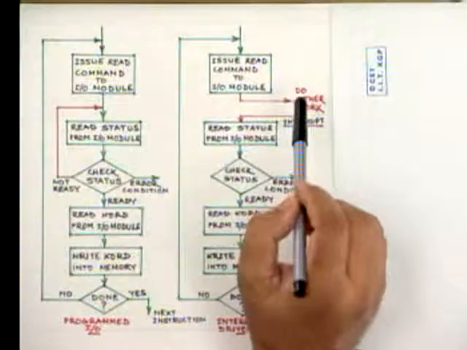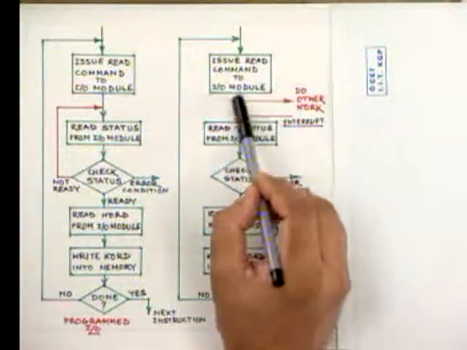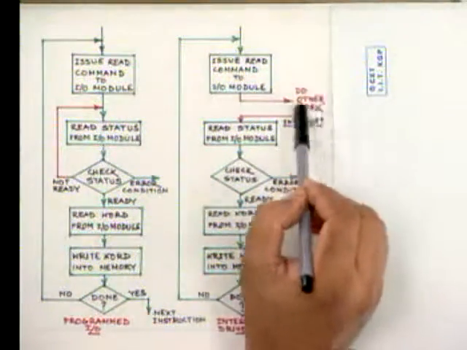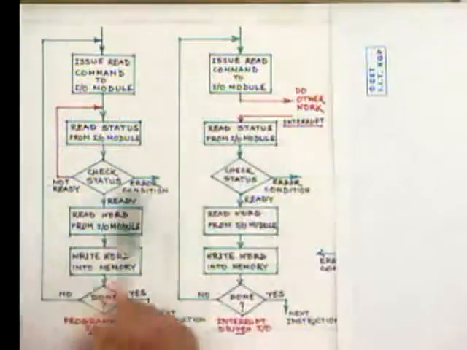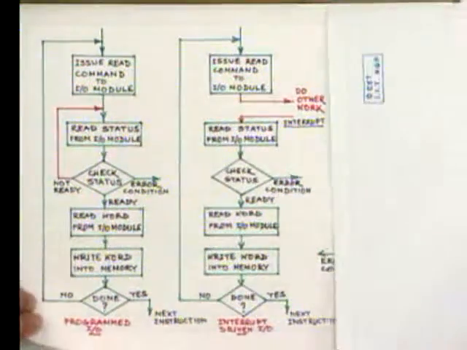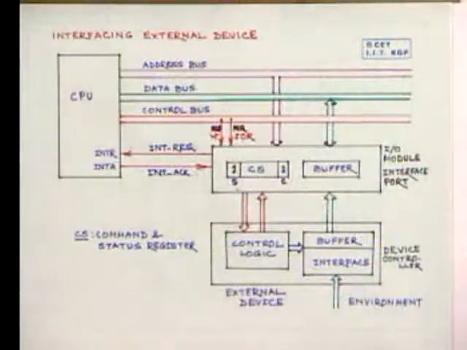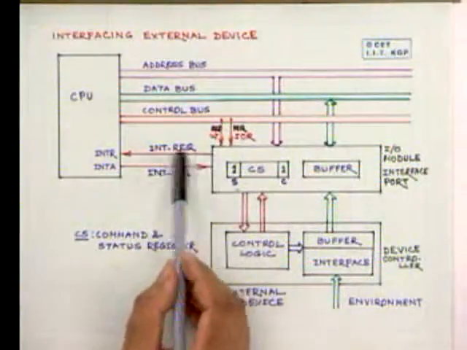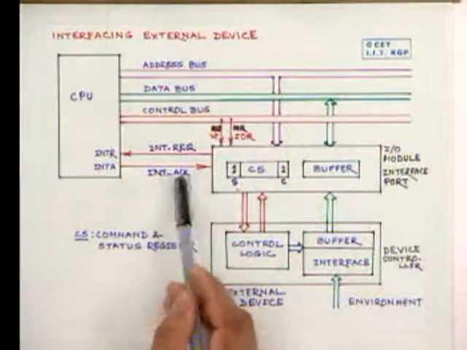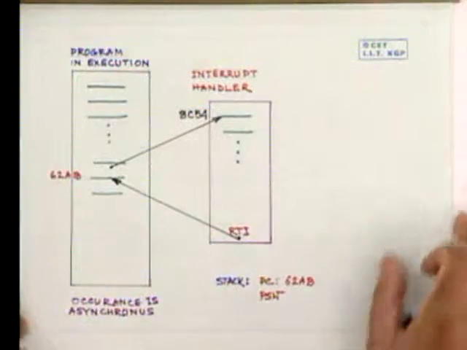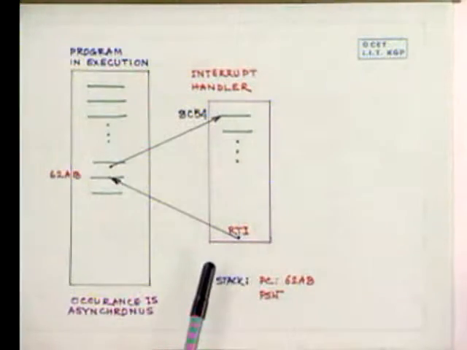It is essentially breaking out of this, doing some useful work, and coming back on a hardware interrupt. This is done on this interrupt request. Now let us see the situation in terms of our program execution.